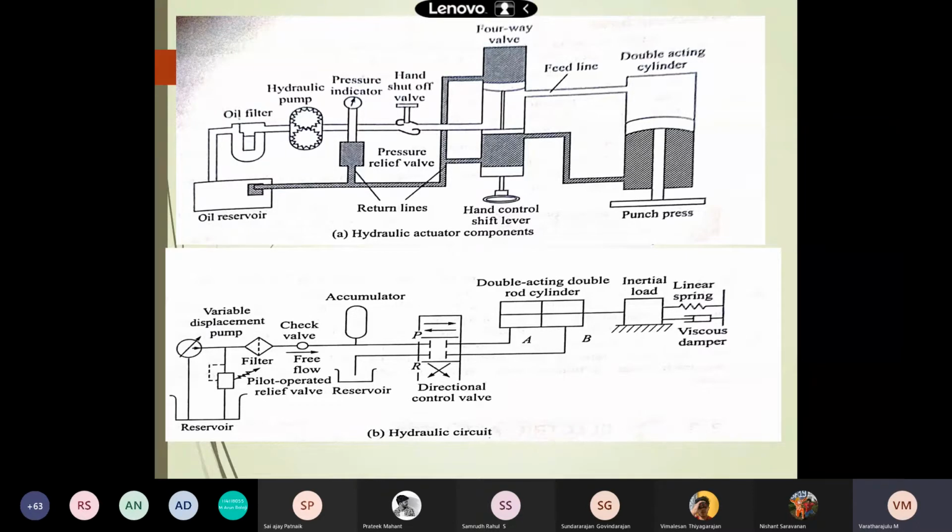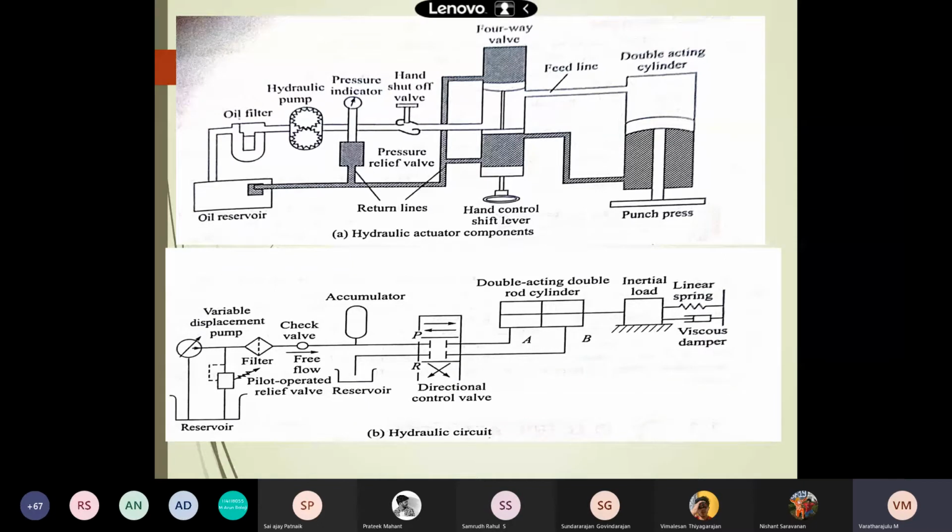Pressure control valves control the liquid pressure, flow control valves control the liquid flow rate, and directional control valves control the direction of the flow of the liquid. Then we have a hydraulic motor or a cylinder. The liquid discharged by the pump is directed to the hydraulic motor or cylinder by the control valves.